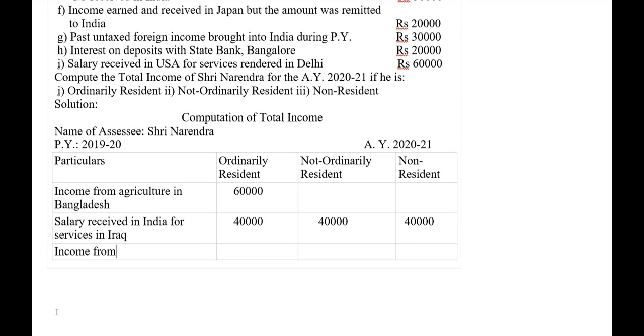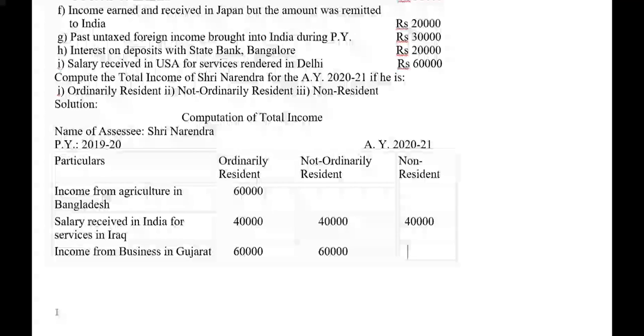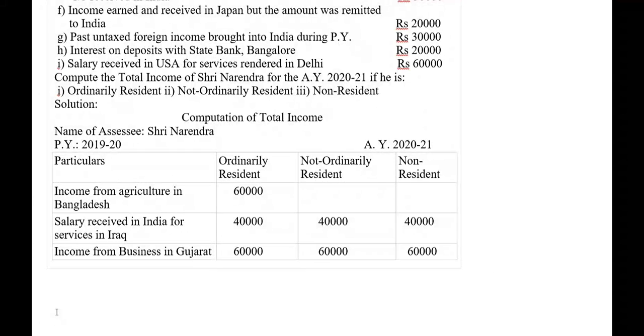The next one is income from business in Gujarat. This is Indian income, so 60,000, here also 60,000, and here also 60,000. The next one, dividend from domestic company, is exempted.